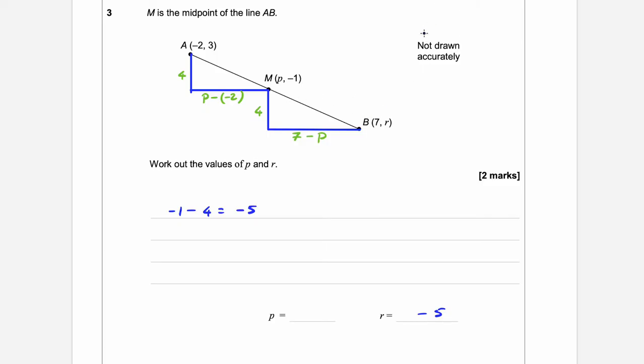So 7 minus p has to equal p plus 2, and then I'll add the 2p over here, subtract the 2 over here, so that's 7 minus 2, which is 5, and then p is equal to 5 over 2, or 2.5. Okay, that's question 3.